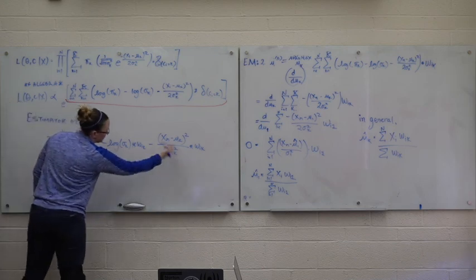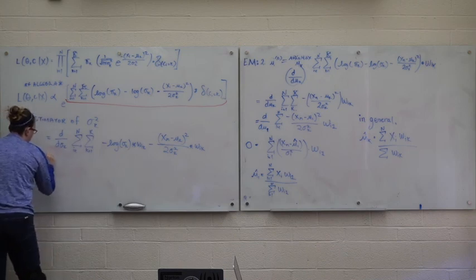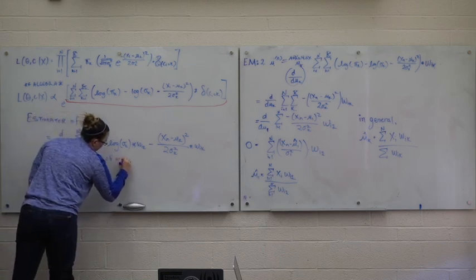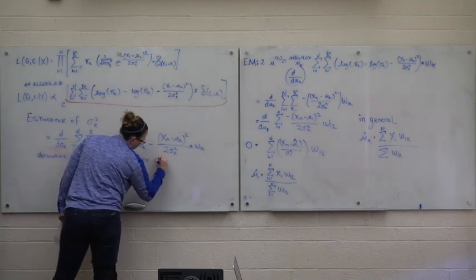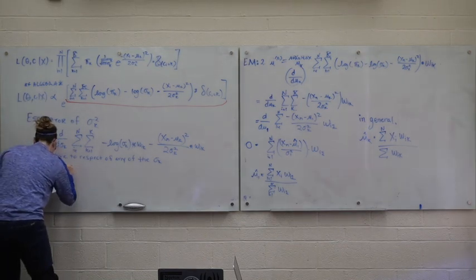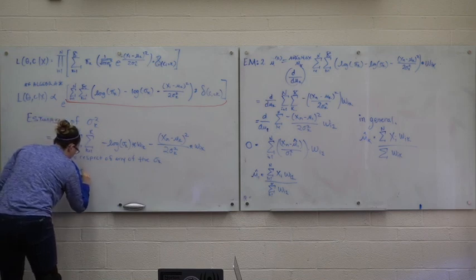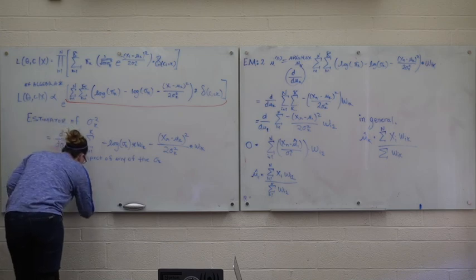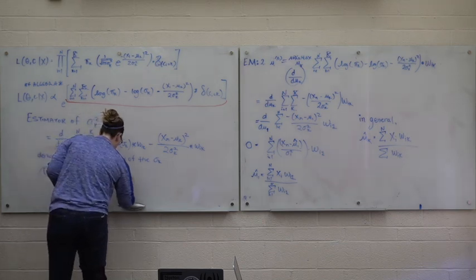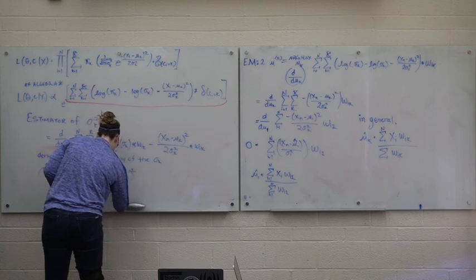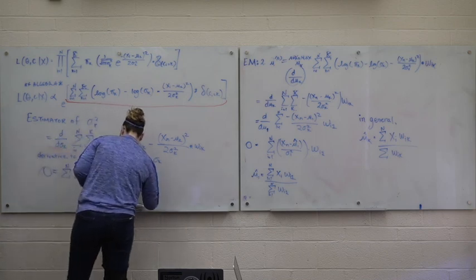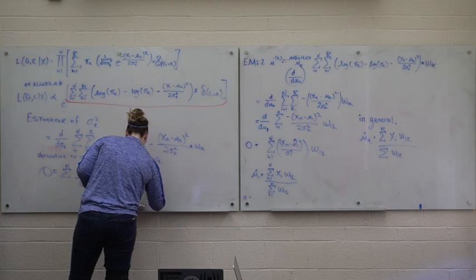The derivative with respect to any of the sigma k's, you'd get something like this: the weight r i k, sigma k, because I'm going to set this equal to 0 in a second, plus x n minus mu k squared over sigma to the 3 k, times the weight to the k.